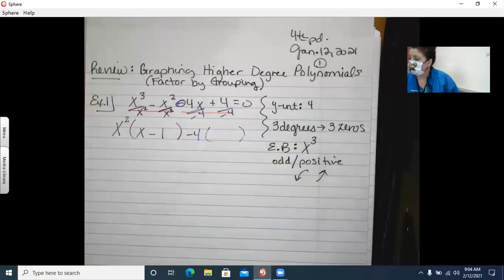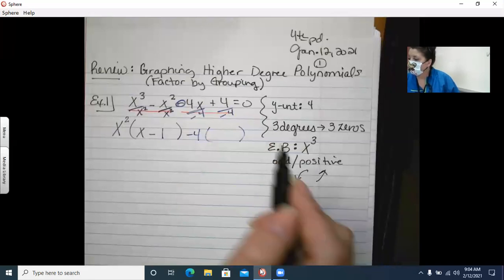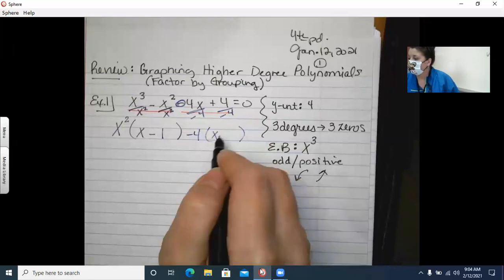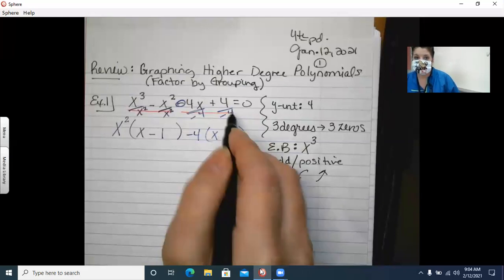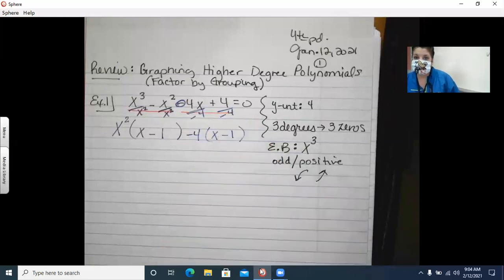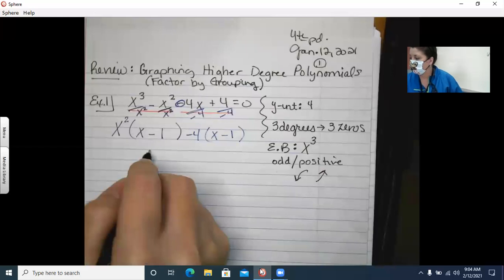So what is -4x divided by -4? X, and +4 divided by -4, -1. This is how you know if you can do factor by grouping. If what's inside the parentheses is identical, you can do factor by grouping, okay? So once you know that, you make 2 sets of parentheses.